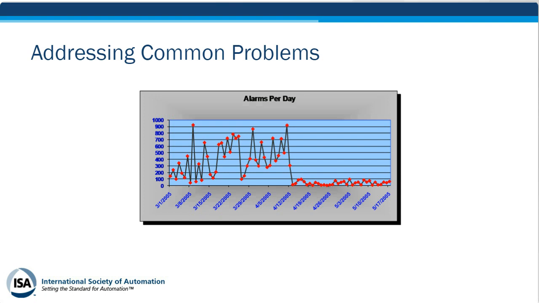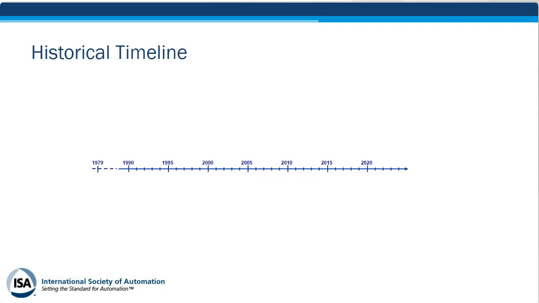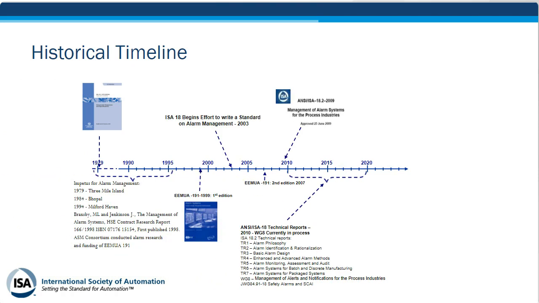But if you go to the technical report, TR5, and we're updating TR5 right now, it gets into a lot more information than what's in the standard on what's acceptable and what you should do.